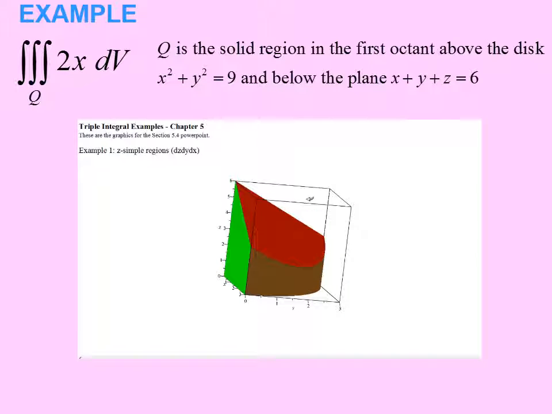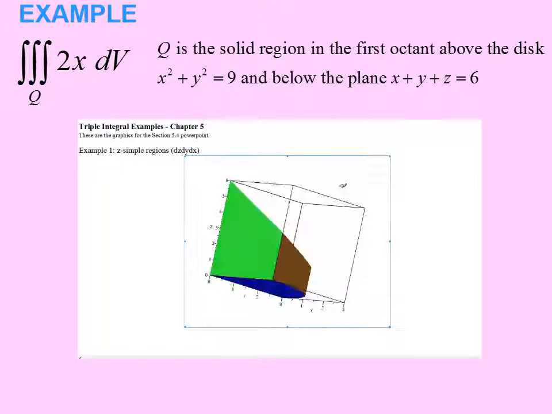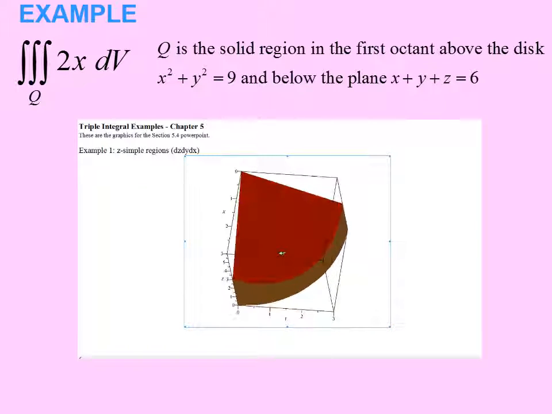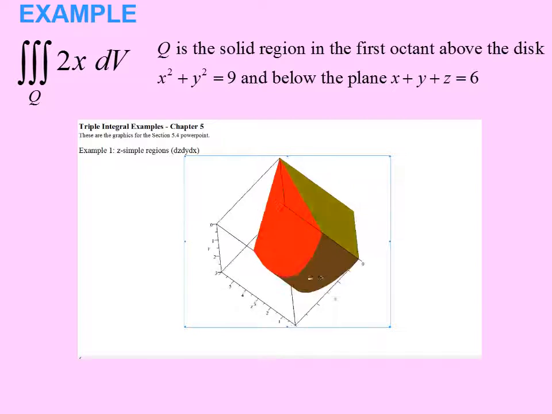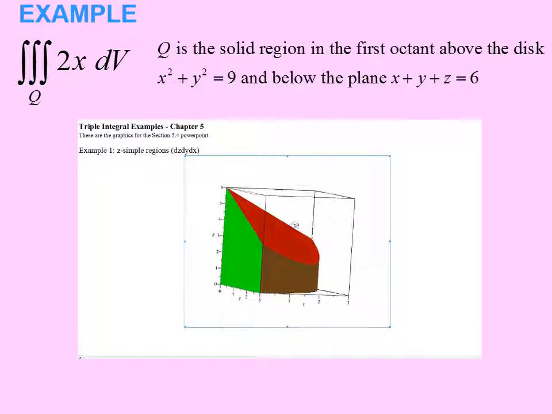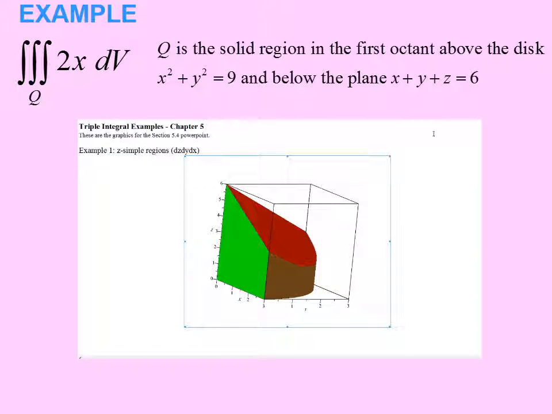Now here's a graph of the three-dimensional region. I've color-coded each of the surfaces so we can distinguish them. Let me show you first off. Here is a position where we can see the y-axis.